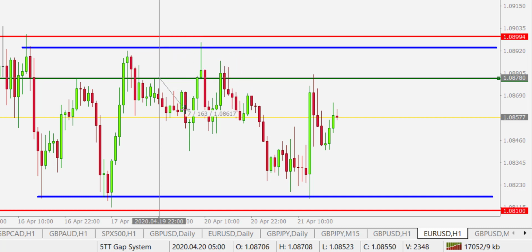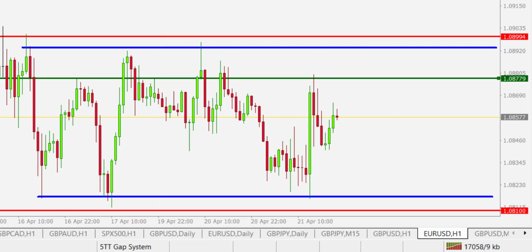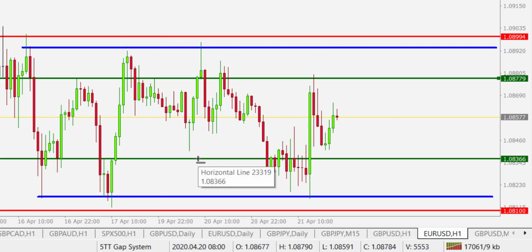So I can then go down this way and look for a level that is 42 pips. And when you check it now, the approximate 42 pips level is 1.08355, which means that my take profit will be around 1.08355. So around here.